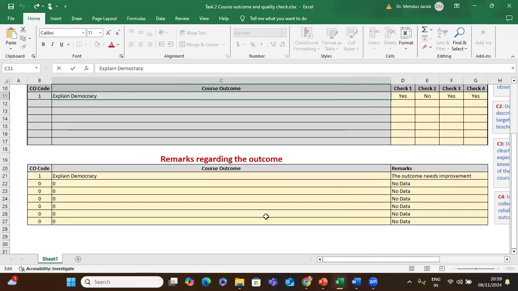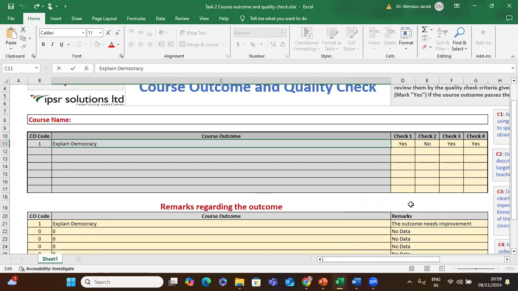Then each course outcome, if all the columns are yes, definitely it's a good outcome. Otherwise, next time when you redesign the syllabus, you can redesign the COs also.